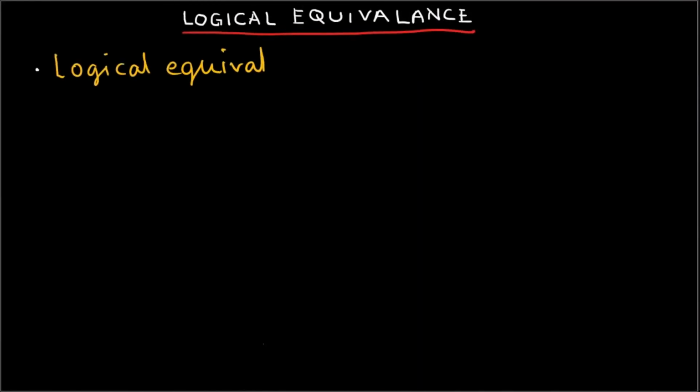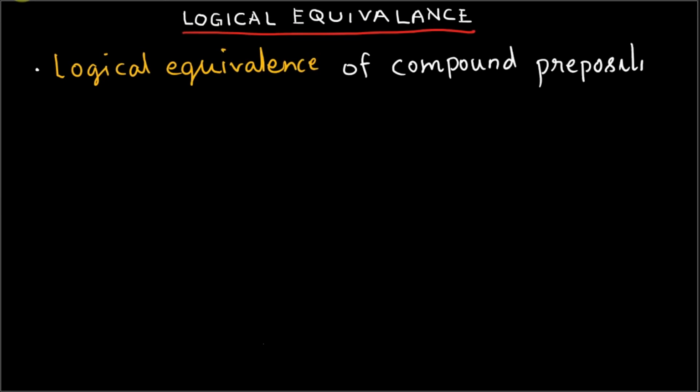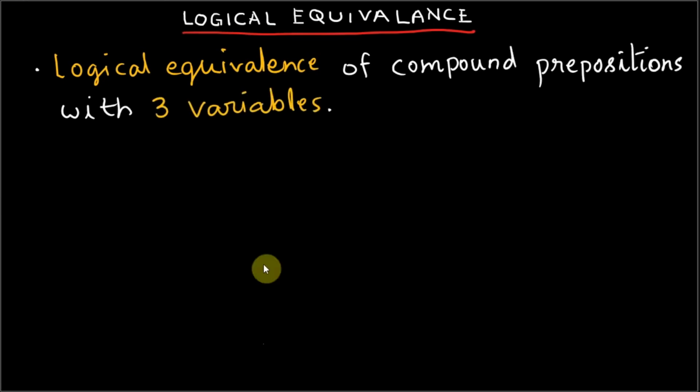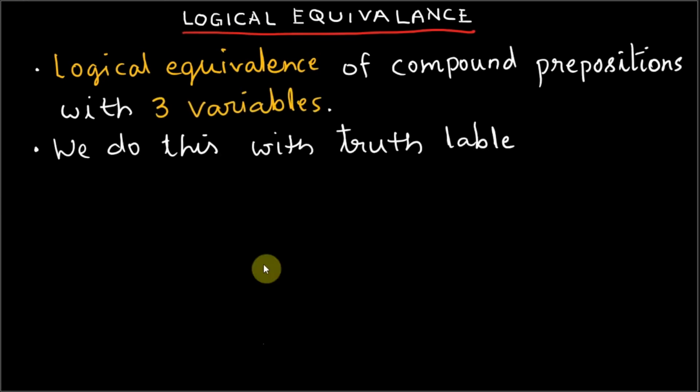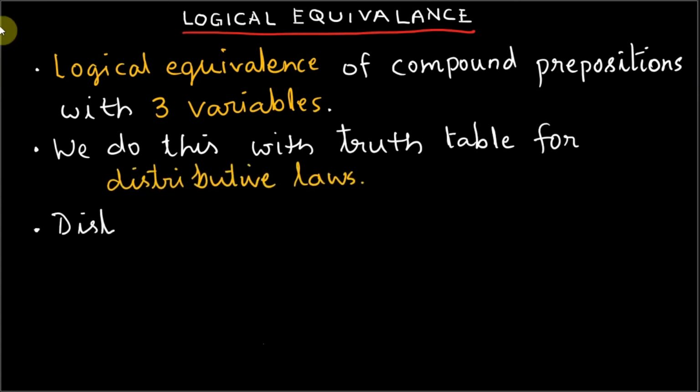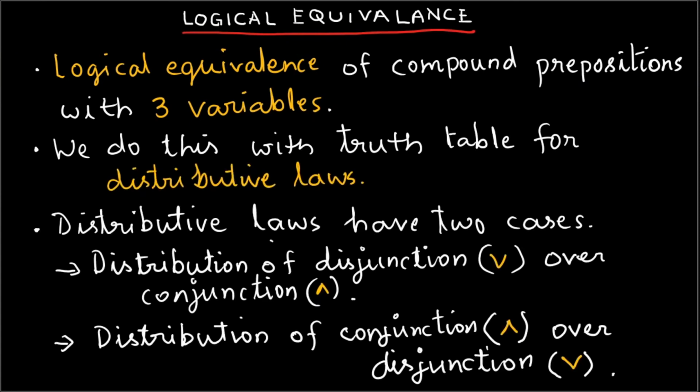Let's check the logical equivalence for compound propositions with 3 variables. We do this with a truth table for distributive laws. The distributive law has 2 cases: distribution of disjunction over conjunction and distribution of conjunction over disjunction.